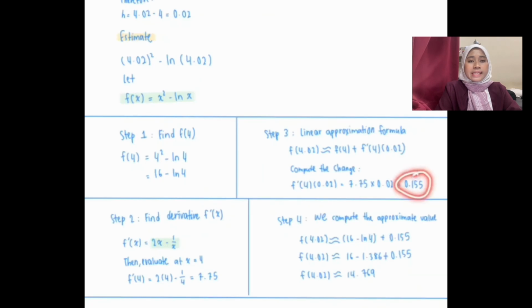Lastly, step 4, we compute the approximate value, which is f(4.02) approximately equals 16 minus ln 4 plus 0.155. So the final answer is f(4.02) approximately equals 14.769. So that's the final answer.